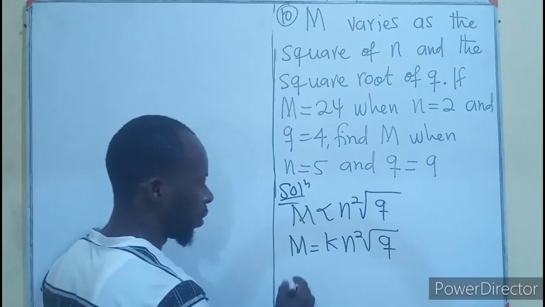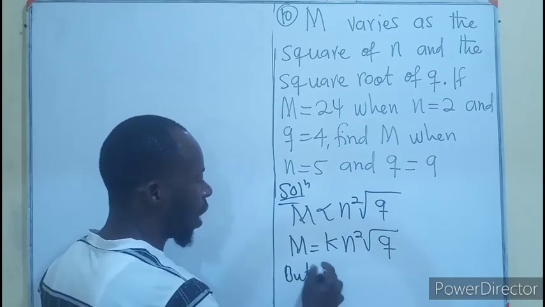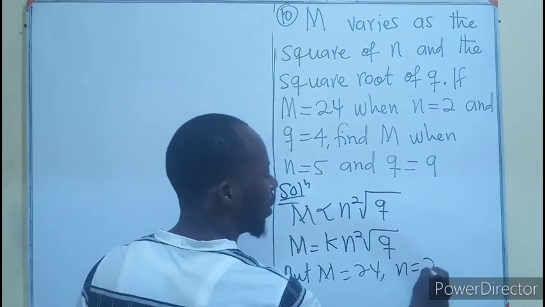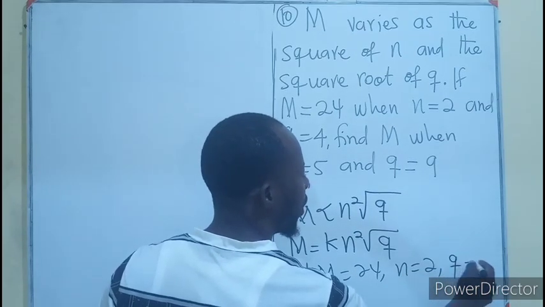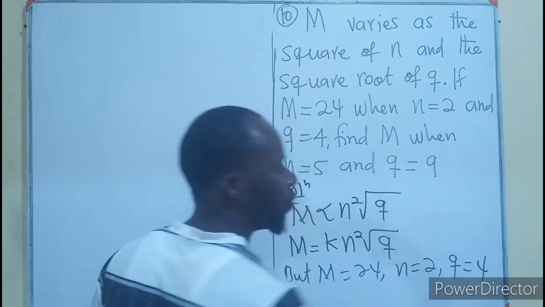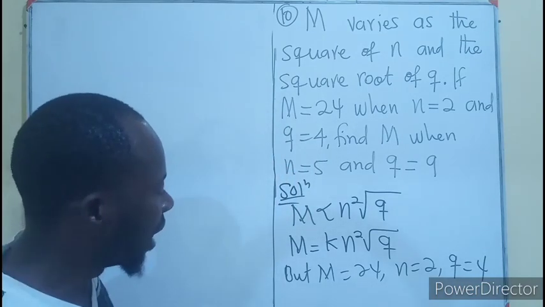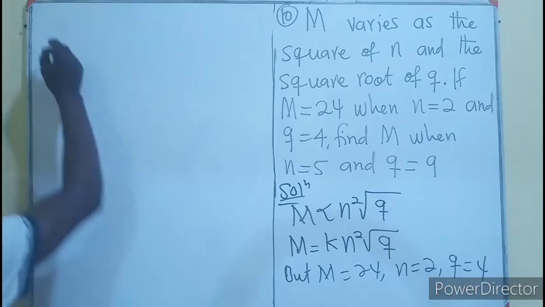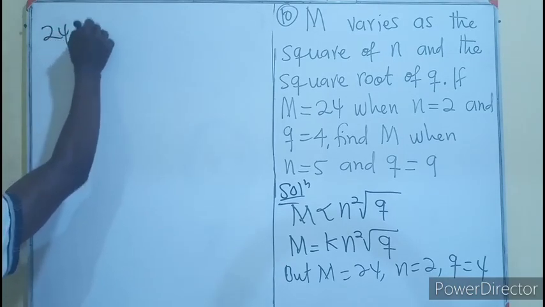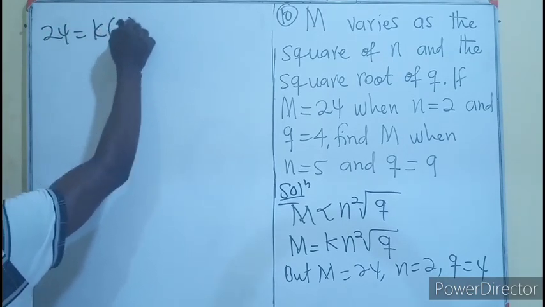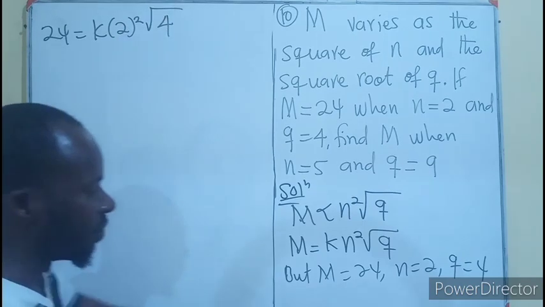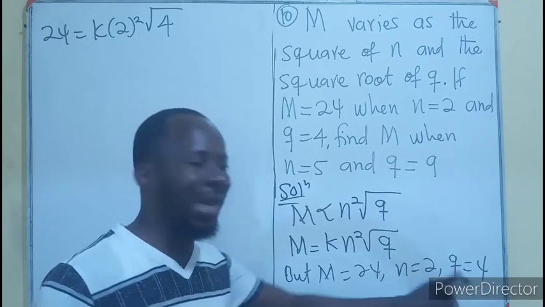So we know that your m has been given as 24, the n is 2, and the q is also given as 4. So we substitute in order to get our constant of variation. So this will be 24 equals k times 2 squared, the root of 4, substituting the values of m, n, and q.